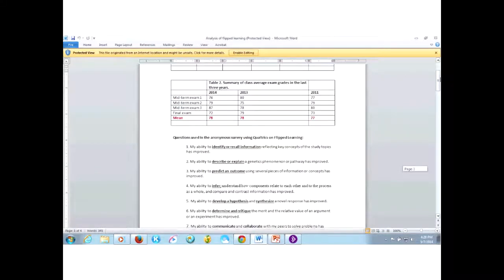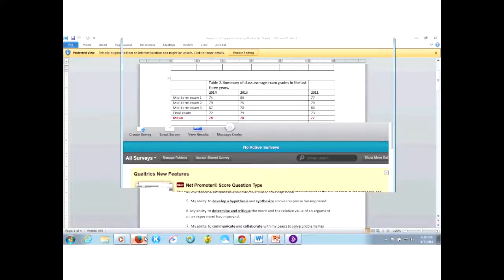Even though the exam grade is the same, some of the questions are different from previous years, and the levels of cognitive skills are different. So I want to see how those skill sets respond to this new approach. So there you have it. That's me, and that's just to show you.